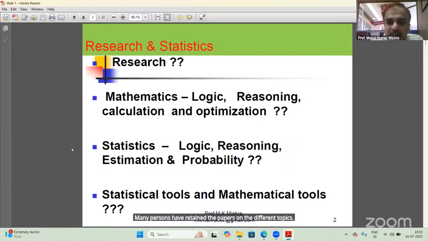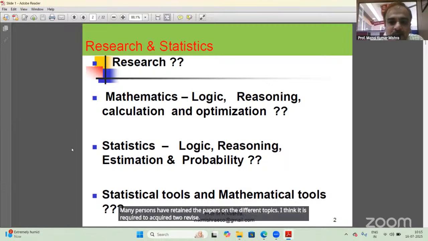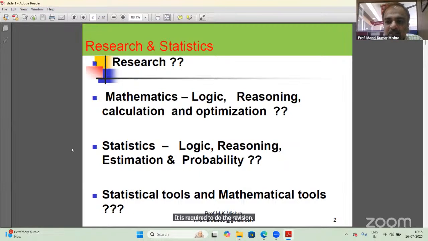I think it is required to revise. It is required to do the revision by recent scholars, recent academicians, in the present phenomena. There is need of revision. That is the first scope in research.